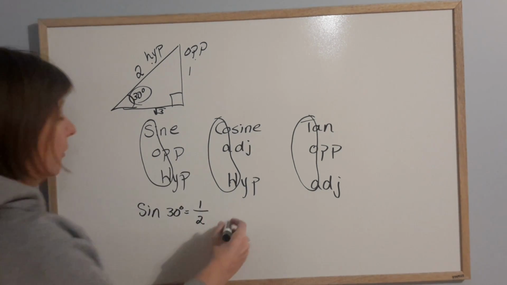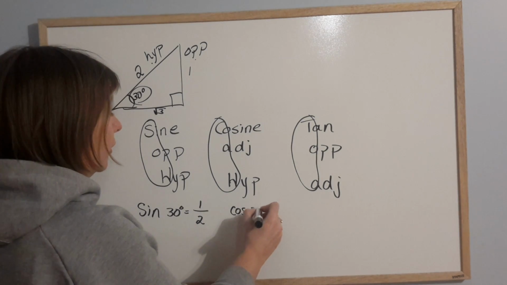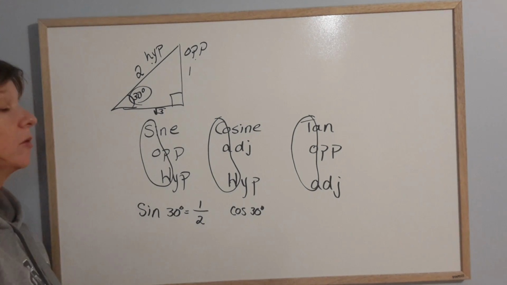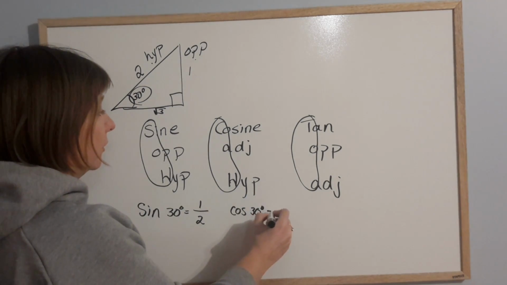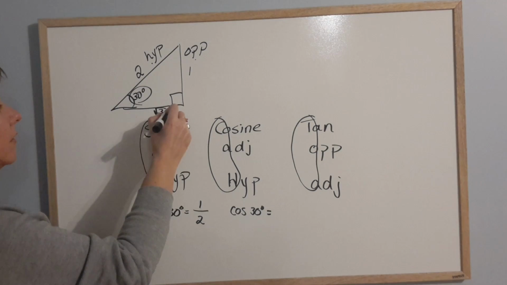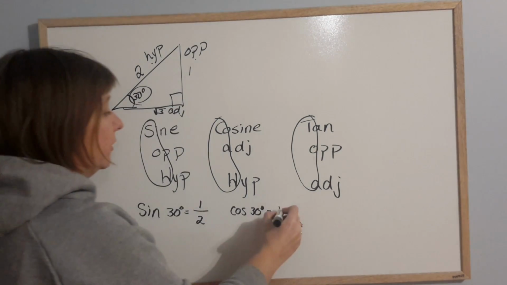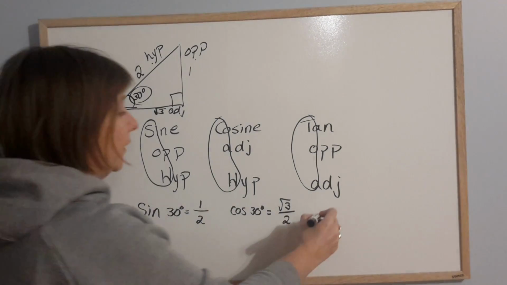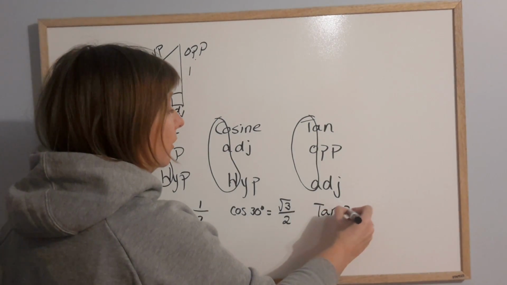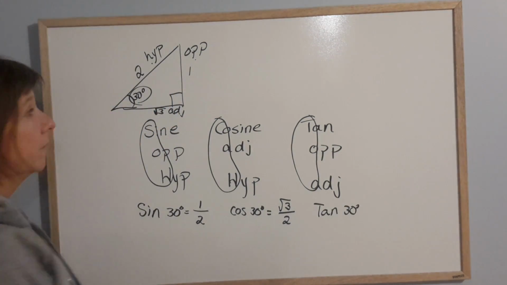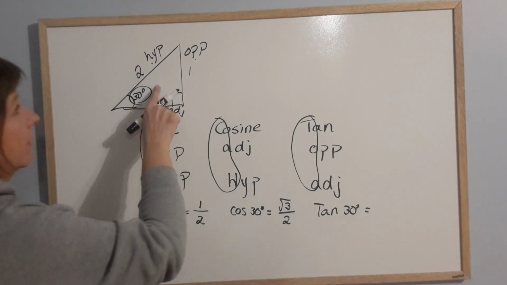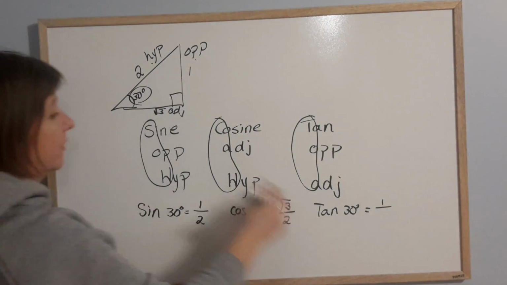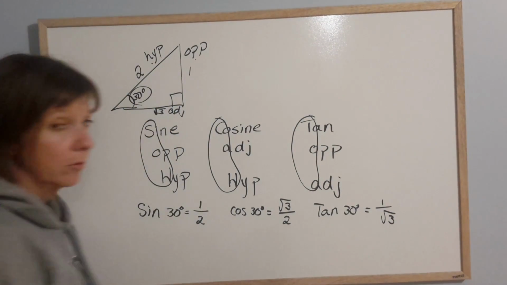The cosine of 30 would be the adjacent side over the hypotenuse side. And finally, the tangent ratio using that 30-degree angle would be the opposite side, which is 1, over the adjacent side, which is root 3.